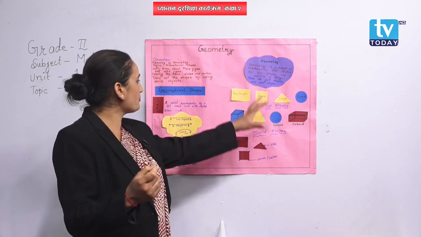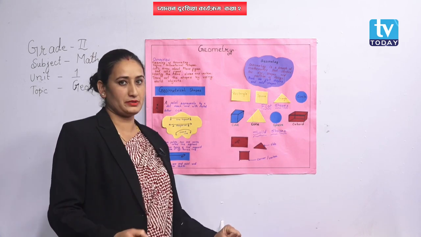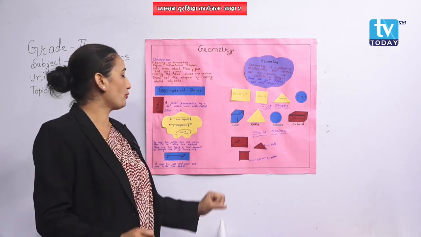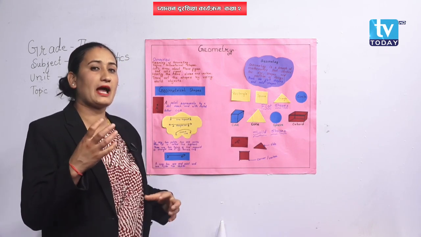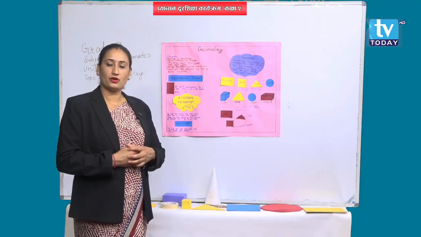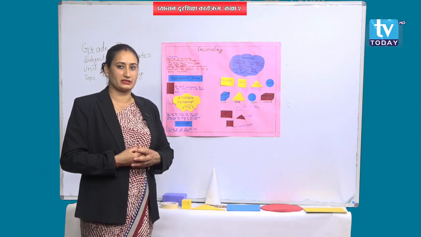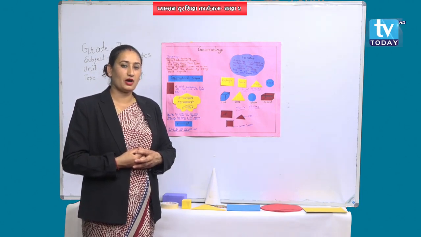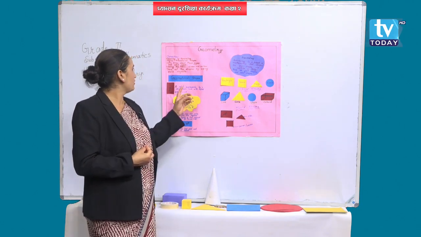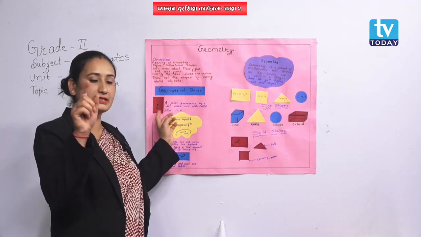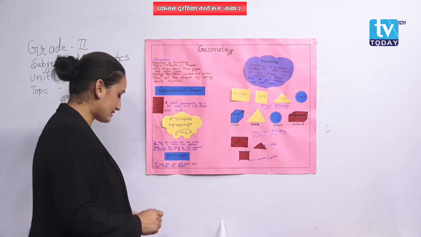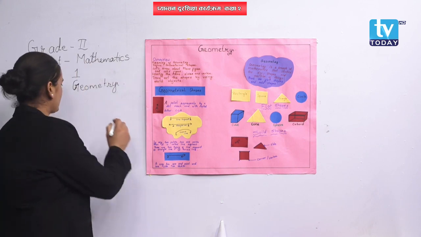Now we are going to learn a bit more. To make all these shapes, we need some geometrical ideas. If you forgot, let's think about it. Shall we see? What is that? First one is a dot. For example, I will put a dot here.